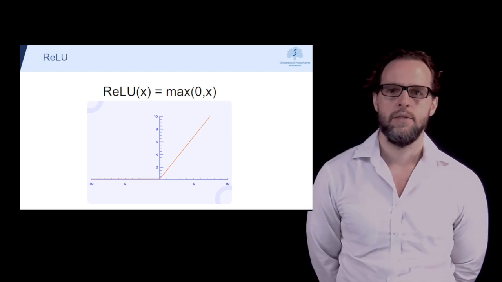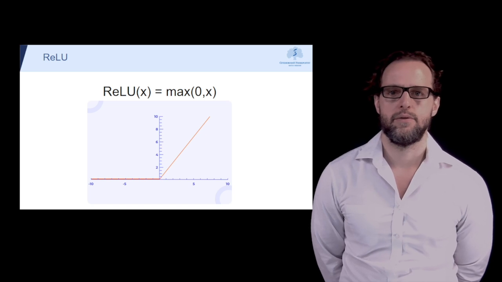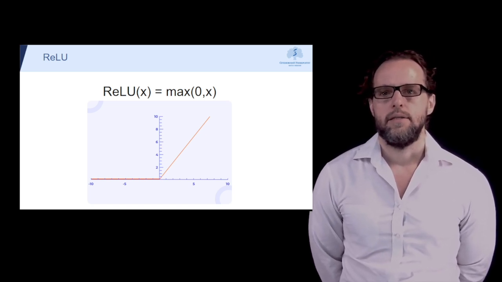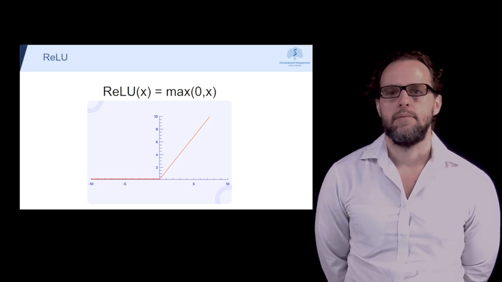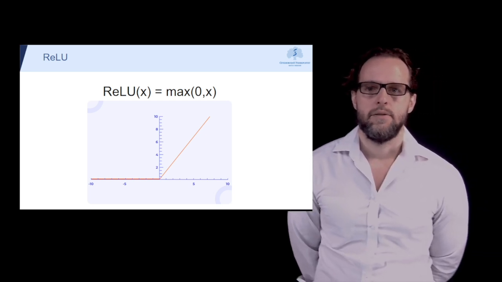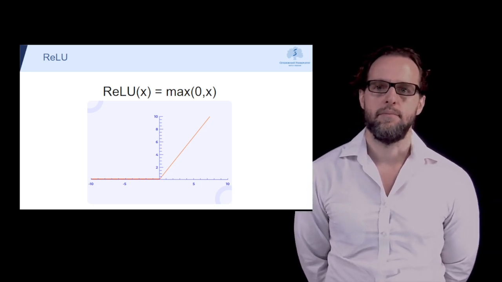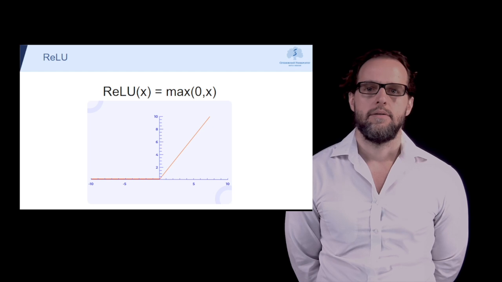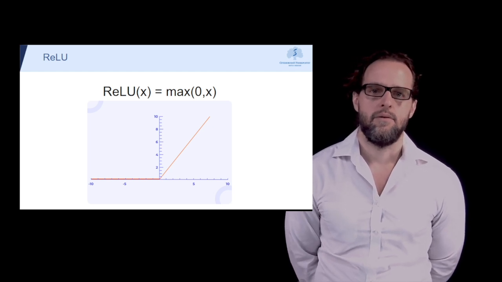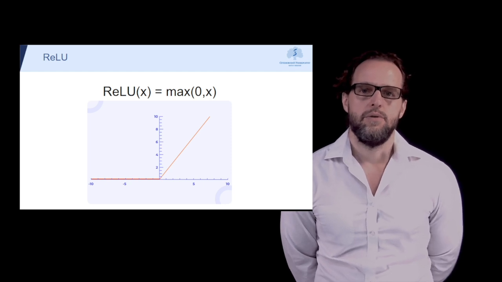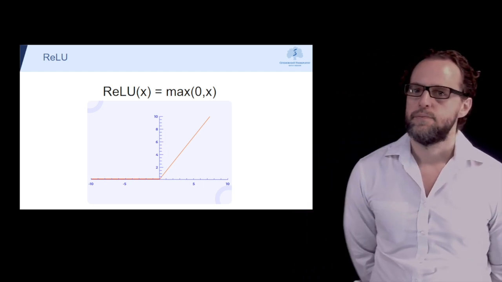In such a network, fewer neurons are activated and the network itself becomes lighter. So it seems that ReLU is exactly what we need, but there are no limits of perfection, and ReLU isn't perfect either.